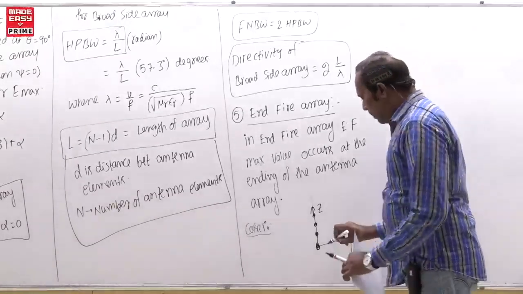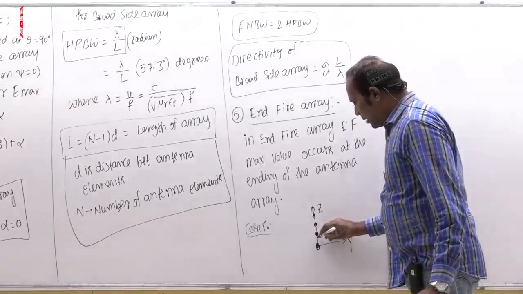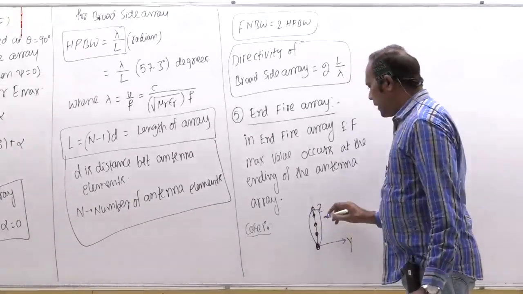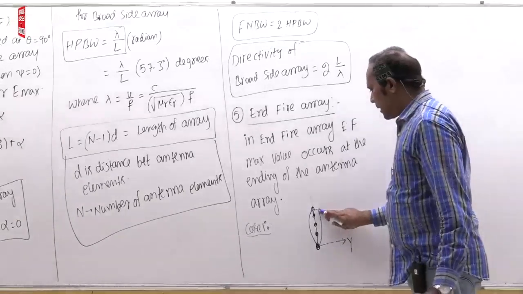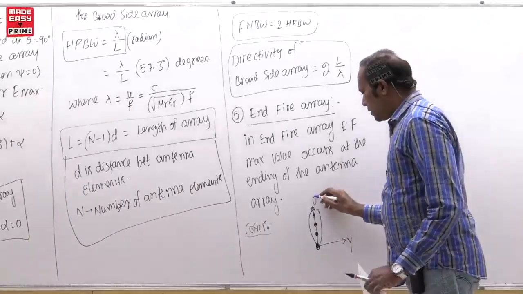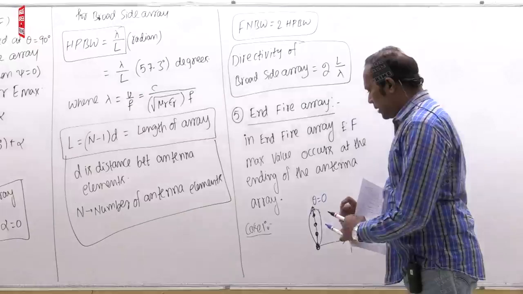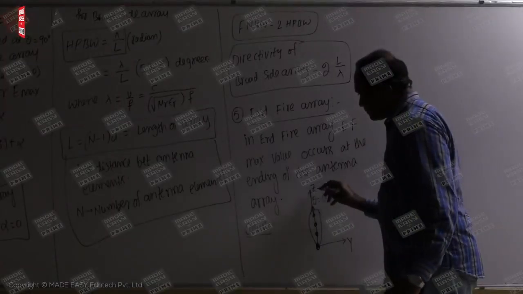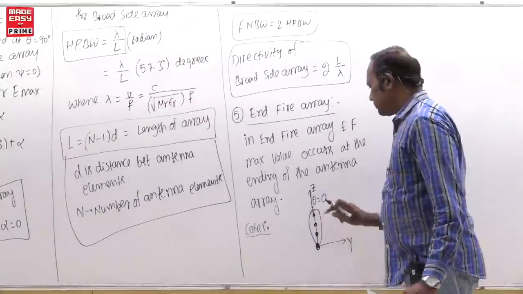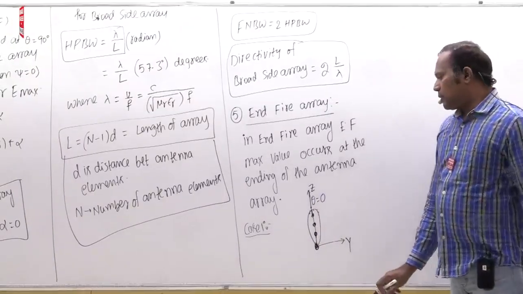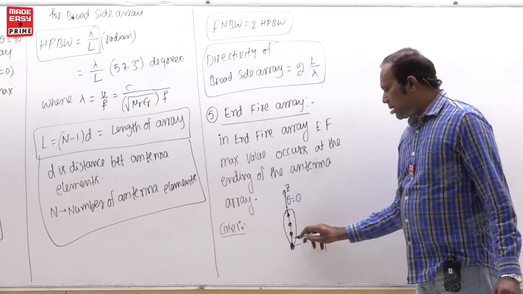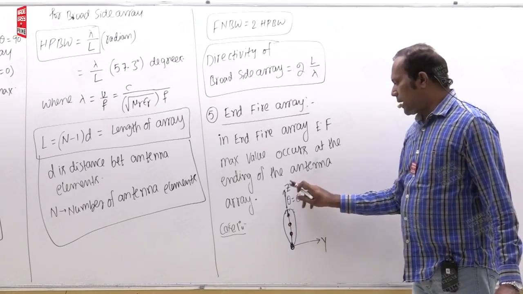So you want maximum radiation in this direction, then this is Z axis actually. So theta is equal to 0 here on the Z axis. You can increase this length. If you want maximum radiation in this direction, then theta is equal to 0 on the Z axis.